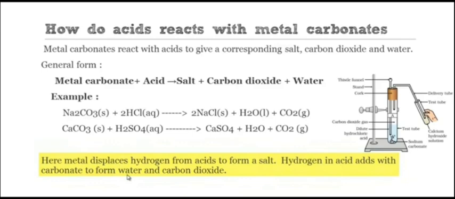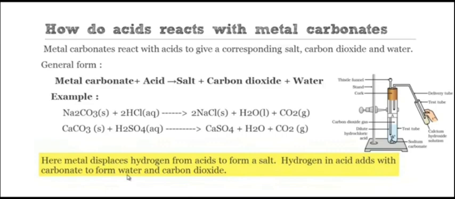How do acids react with metal carbonates? Metal carbonates react with acids to give salt, carbon dioxide and water. So how will you write the general form? Metal carbonate plus acid gives salt plus carbon dioxide plus water. Here I have given you two examples.